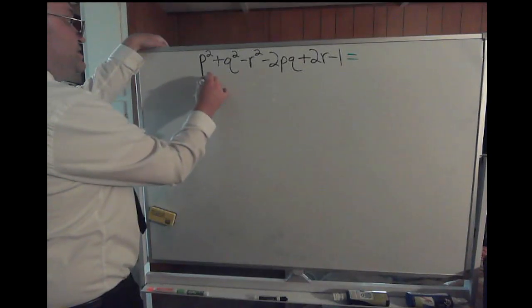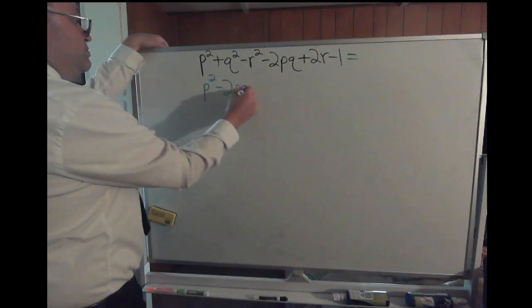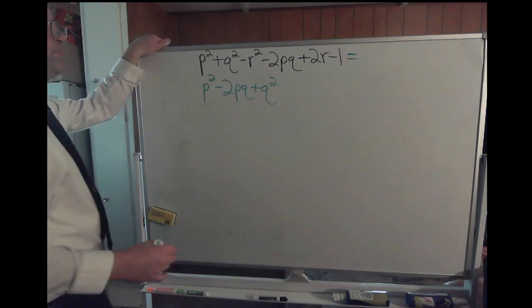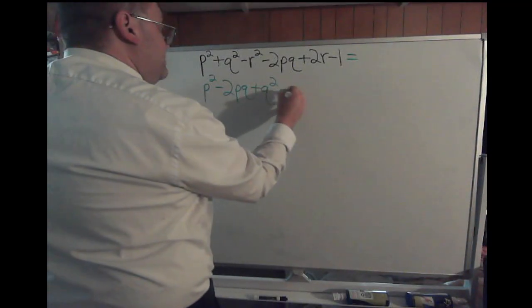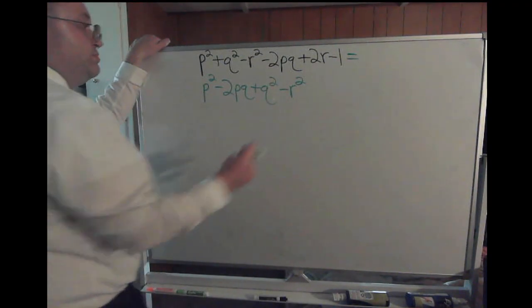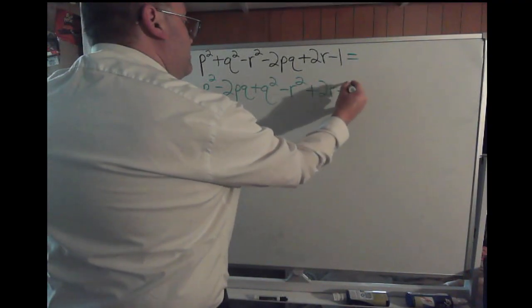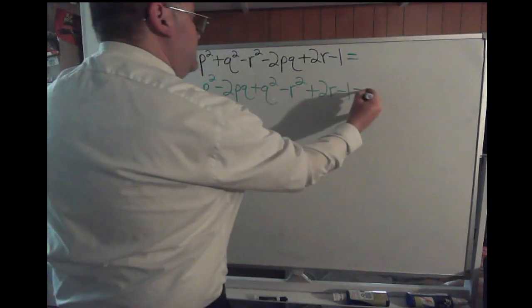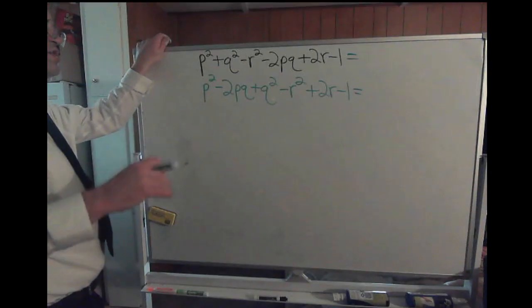If you take p squared minus 2pq plus q squared, and then group your r's together, it looks like you're almost going to have another perfect square trinomial. You'll have minus r squared plus 2r minus 1. It looks now like we have two sets of perfect square trinomials.